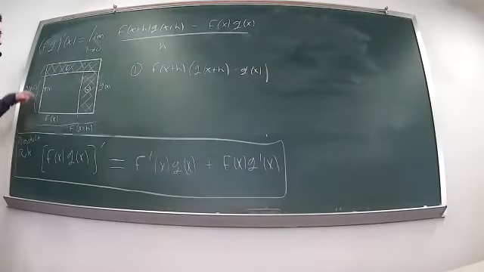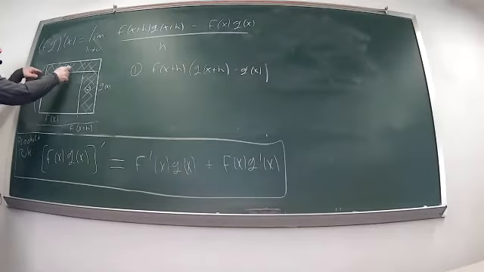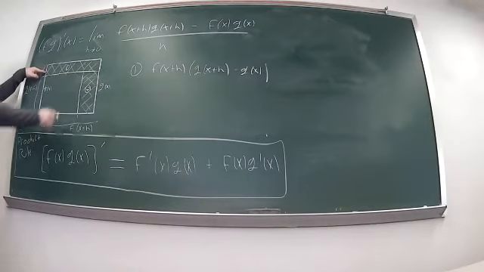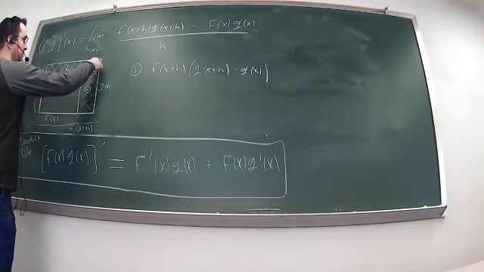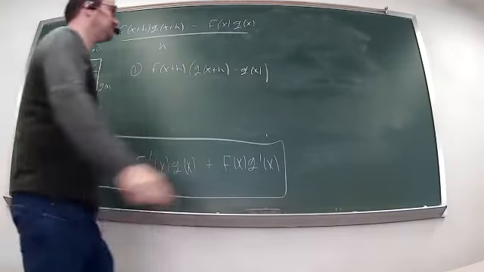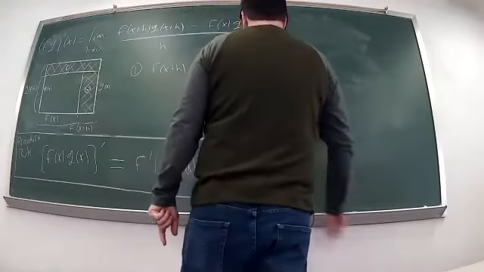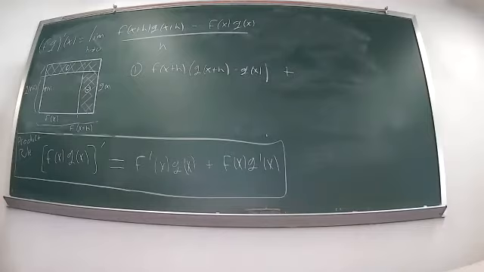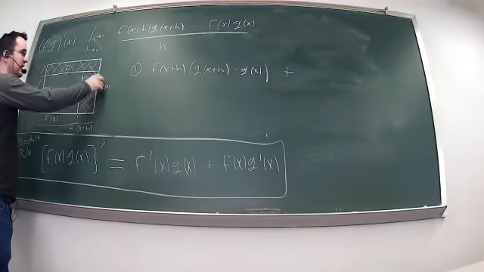Do you agree with me? That's just base times height. That's the area of this top strip. It's this base times the height, which would be g of x plus h minus g of x. And then I'm going to add to it this number 2. And what's that? That's going to be, again, base times height.